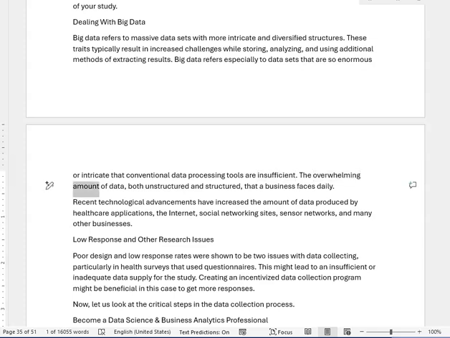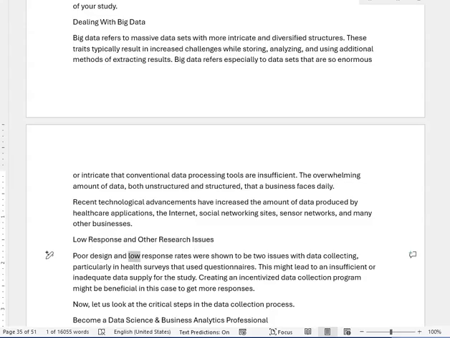It is the overwhelming amount of data, both unstructured and structured, that a business faces daily. Recent technological advancements have increased the amount of data produced by healthcare applications, the internet, social networking sites, sensor networks, and many other businesses.